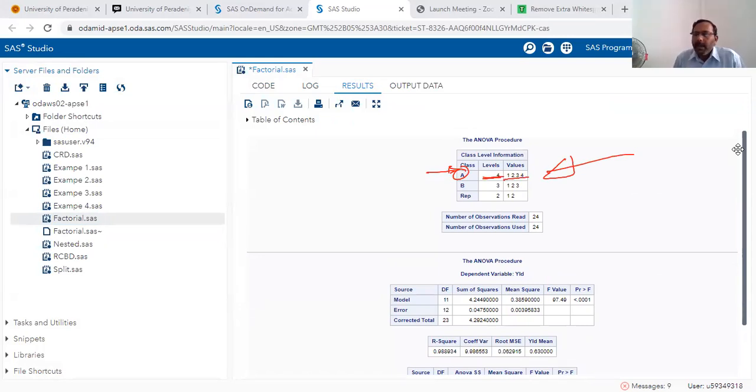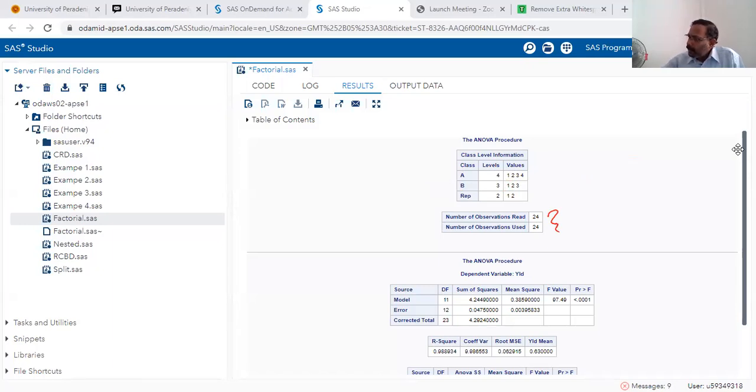That is how we code it. Then B class, three levels, we coded as 1, 2, 3. Then we have replicates. How many replicates? Two replicates, coded as 1 and 2. So that is the basic information as usual. Here, no problem in the data. All the data are valid, no missing data.